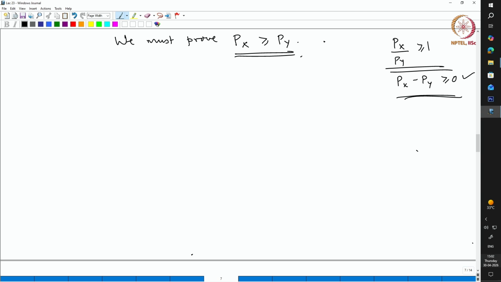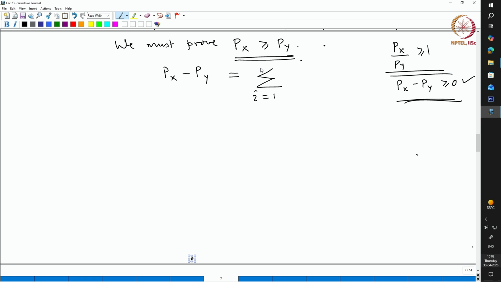In order to prove that Px is greater than or equal to Py, we will show that Px minus Py, which is equal to sigma i equal to 1 to n of Pi times xi minus yi. Px minus Py is exactly this expression. I want to show Px minus Py to be greater than or equal to 0.